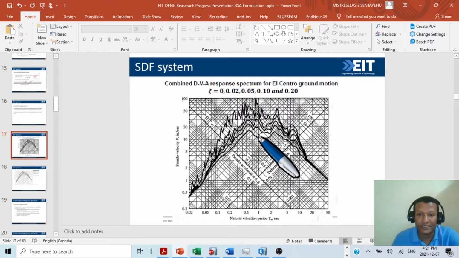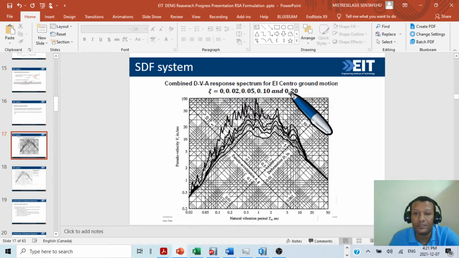If our damping ratio is 0.02 in our case, that means this is the second curve. So we go up to the second curve, then perpendicular we go here, and this value will be the pseudo velocity.